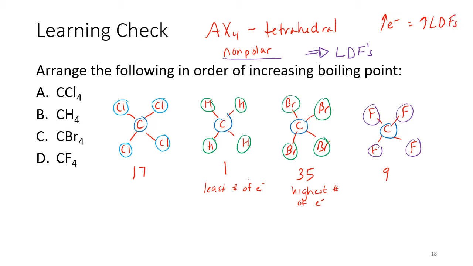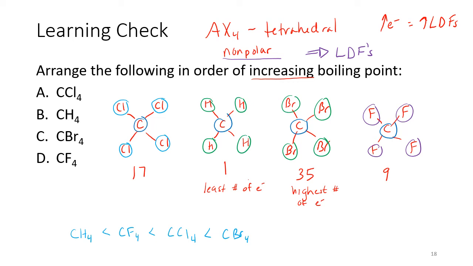So if we're ranking these in order of increasing boiling point, that would mean that CH4 would be our lowest boiling point because it has the weakest London dispersion forces, followed by CF4, followed by CCl4, and then the one with the highest boiling point would be CBr4 because it has the greatest London dispersion forces.